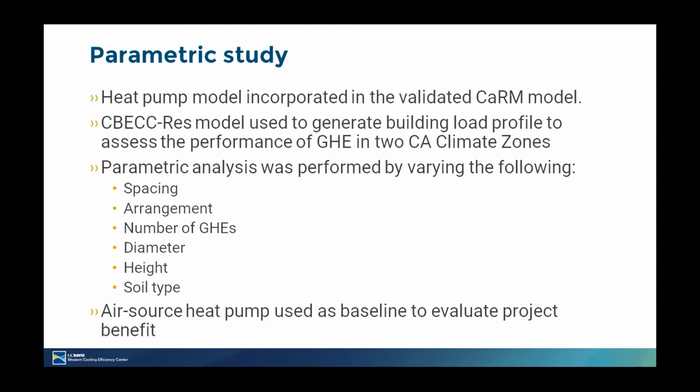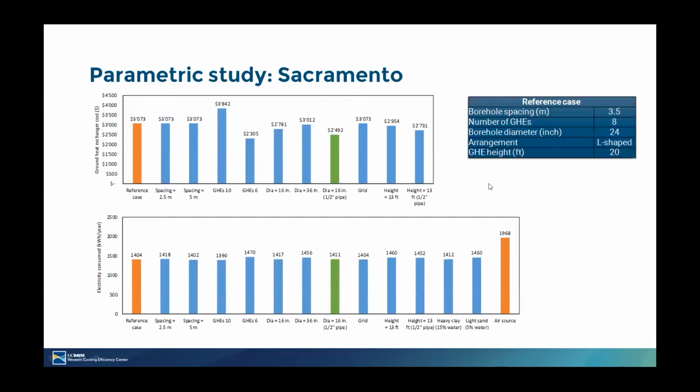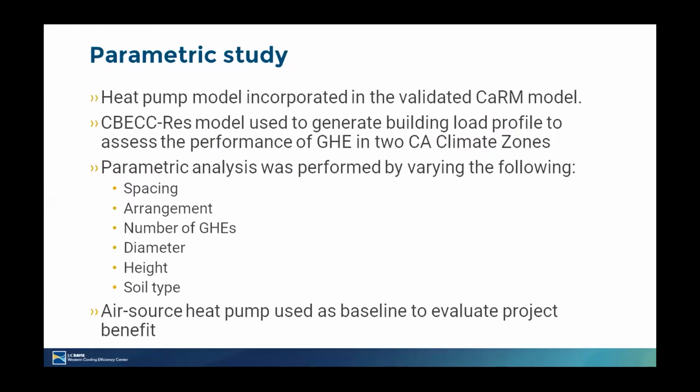We varied the number of GHEs, and we also varied the borehole diameter and the helix height. Finally, we also varied the soil type. We also compared this to an air-sourced heat pump as a baseline to evaluate the benefits of the project.